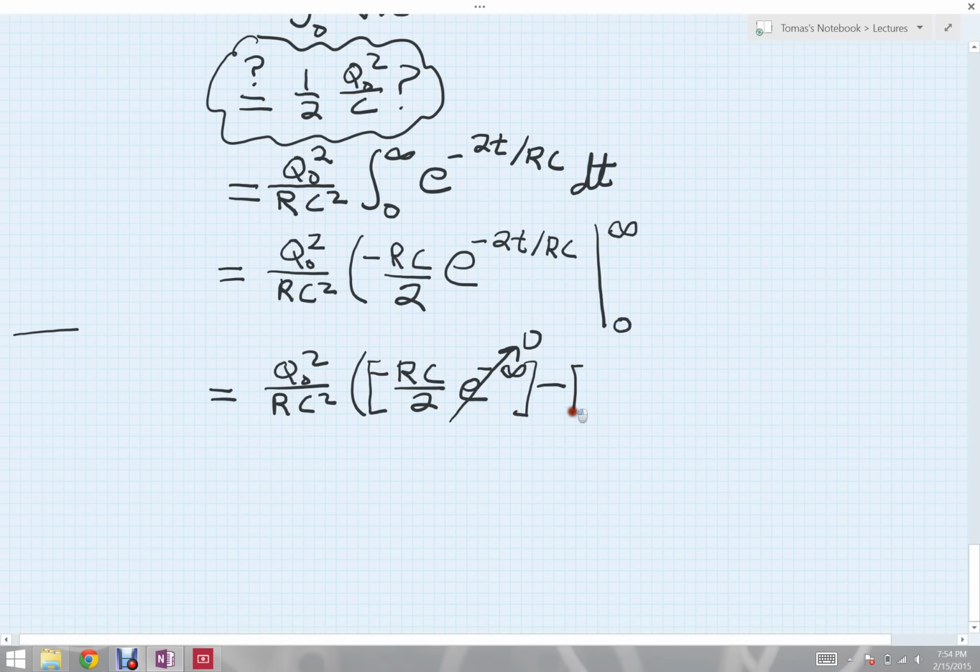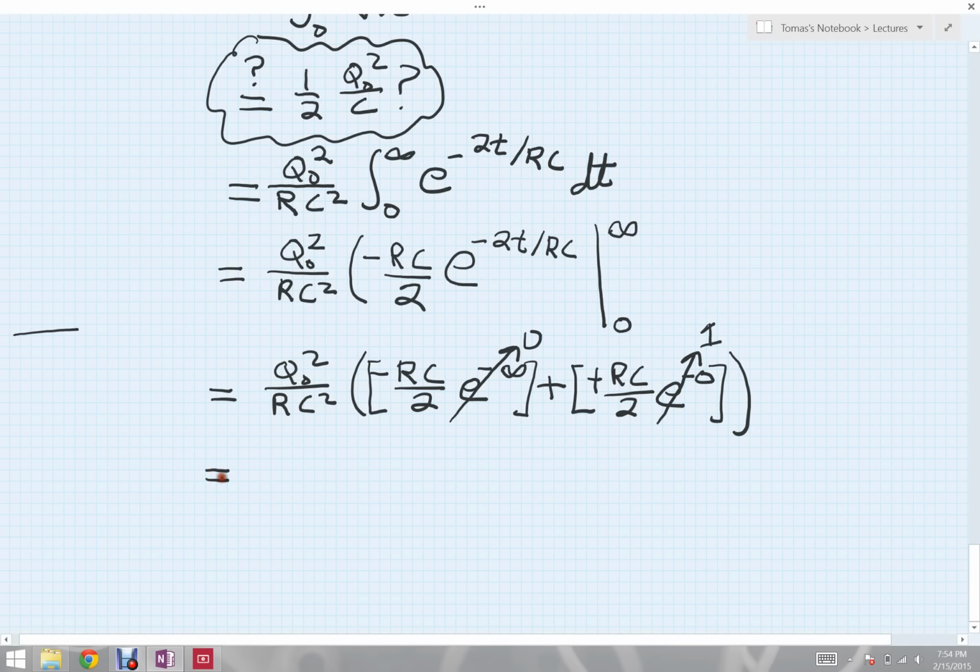Then you subtract off the same quantity, RC over 2, but now you insert the lower limit, which is going to be 0. So I'll get e to the power minus 0. And of course, e to the minus 0 is just 1. And very nicely here, I've got these two minus signs, so those will cancel. So I've just got this term here to combine with this term.